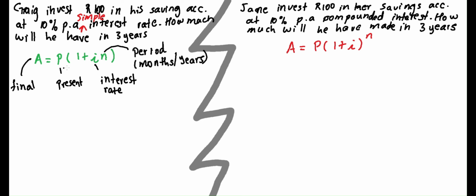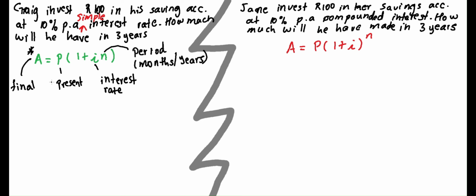So we are going to be using this formula for a simple interest. If you can see, the unknown variables are the same for the simple interest and the compounded interest, so they mean the very same thing. A means the final amount, and P represents the present amount.